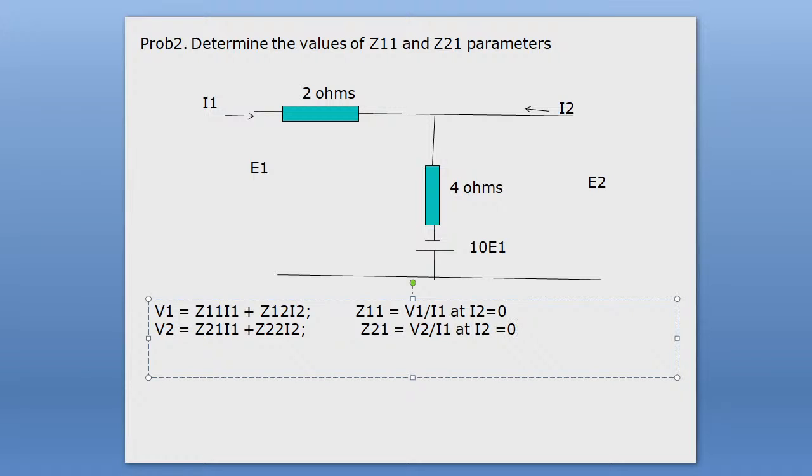Okay, at I2 equal to 0. These are the two expressions: Z11 is V1 by I1 at I2 equal to 0, and Z21 is V2 by I1 at I2 equal to 0. Okay, correct.